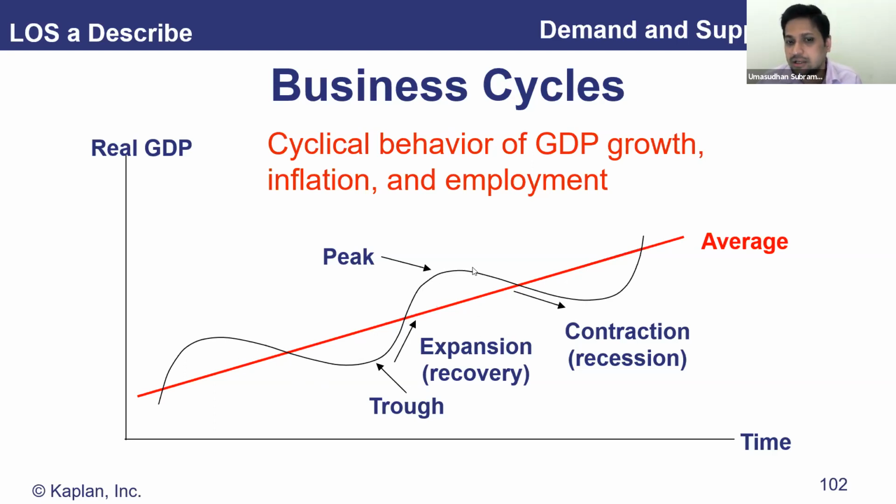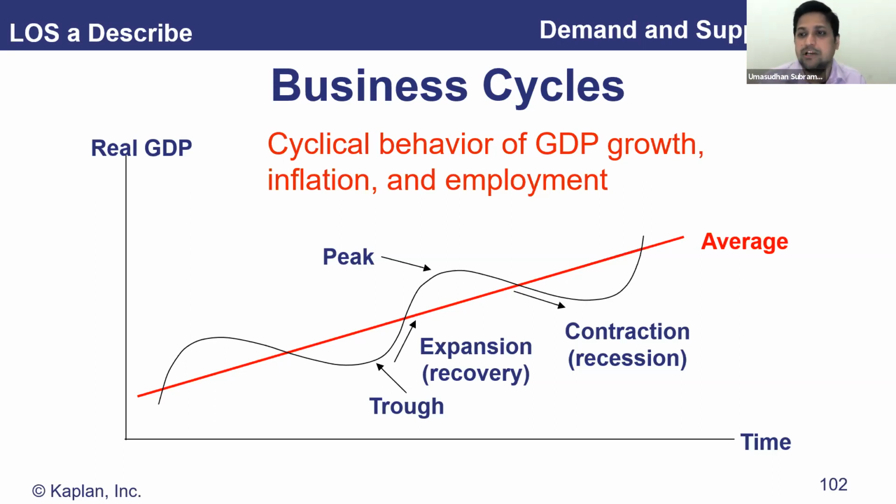After some time, GDP becomes lower and you enter into a recession. Whenever you have a recession, government intervention comes into play. The government wants to help people recover, so a lot of stimulus and change in people's behavior will again bring back recovery, expansion.